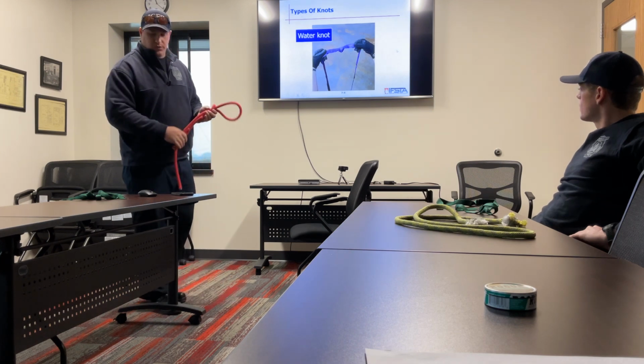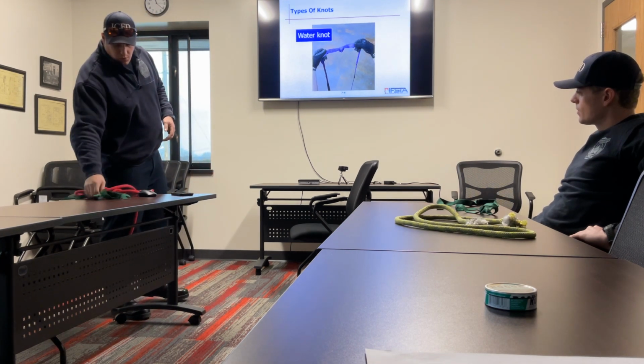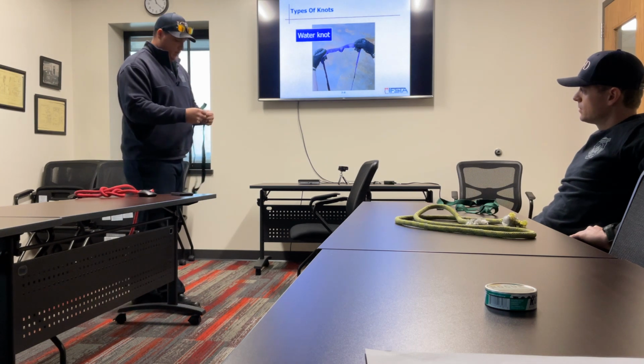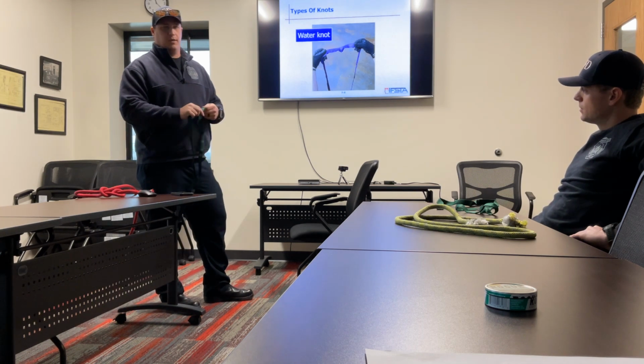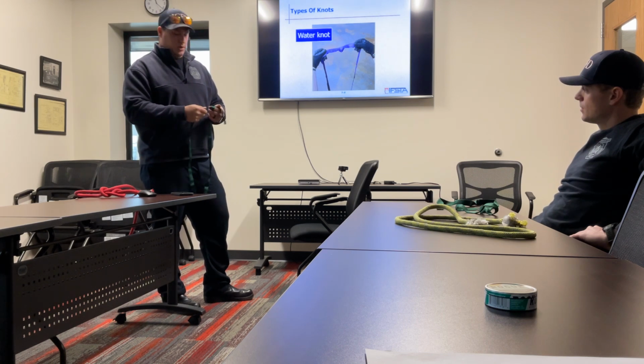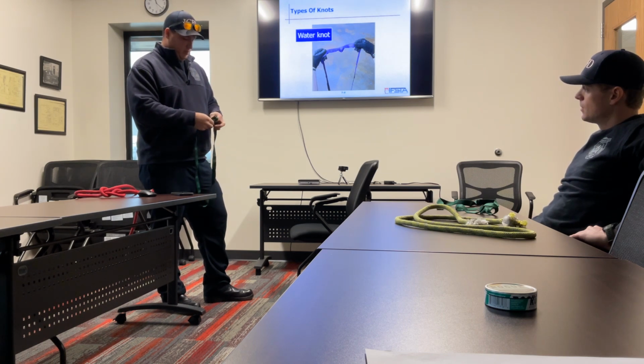Water knots are used for tying webbing together. A water knot can be used for many different things. For webbing, it can be used for tying up harnesses, rescue harnesses, tying webbing together to make it longer, just a number of different things.